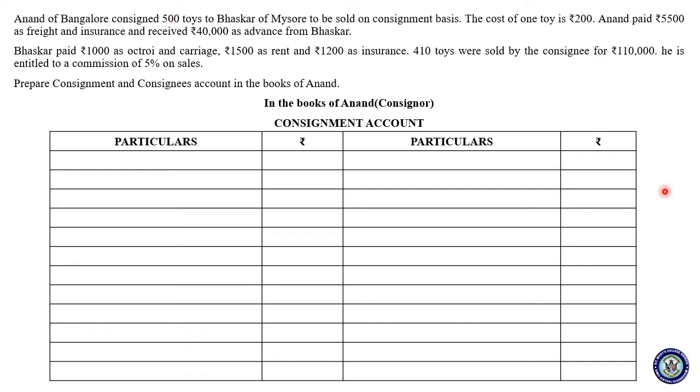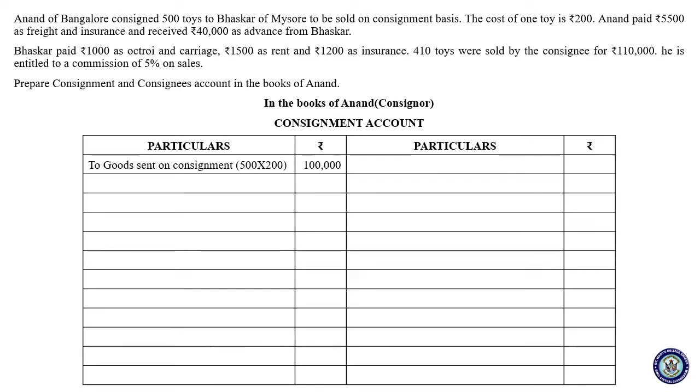So first you have to write to goods sent on consignment. That is the first thing. That is consigned 500 toys at rupees 200. So that is to goods sent on consignment.